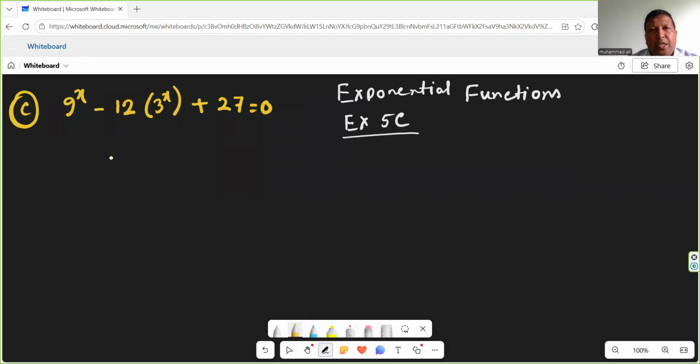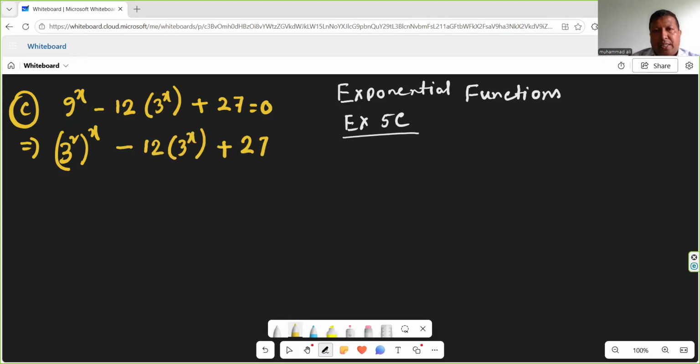Question number C: 9 to the power x minus 12 bracket 3 to the power x plus 27 equals 0. So we can write 3 squared to the power x minus 12 times 3 to the power x plus 27 equals 0.